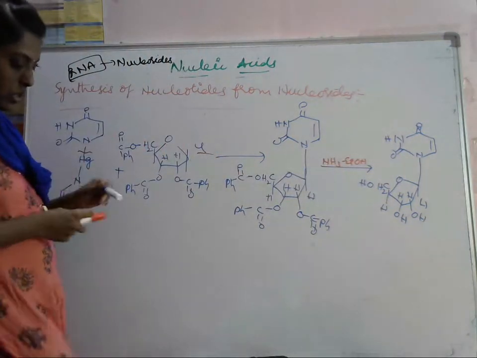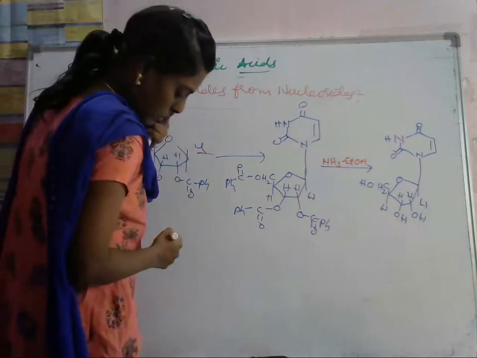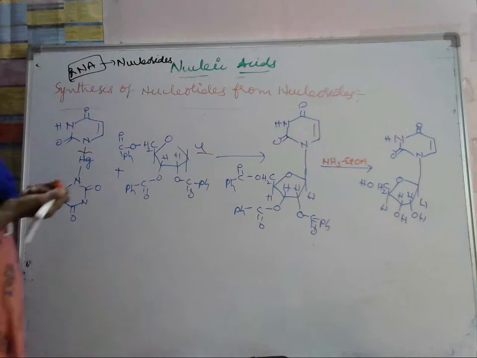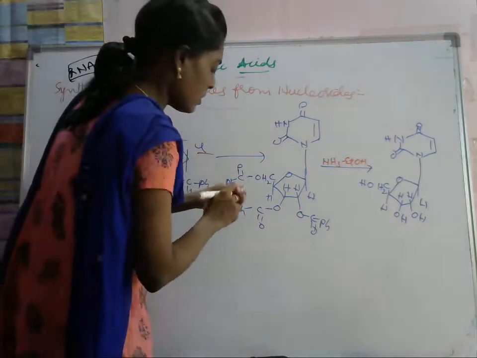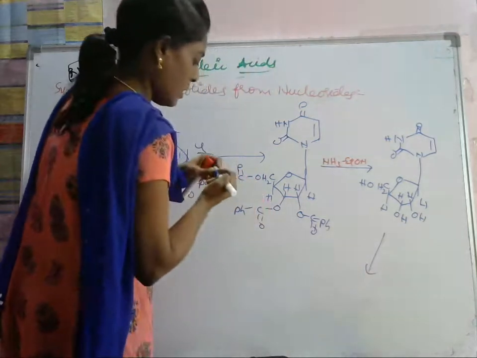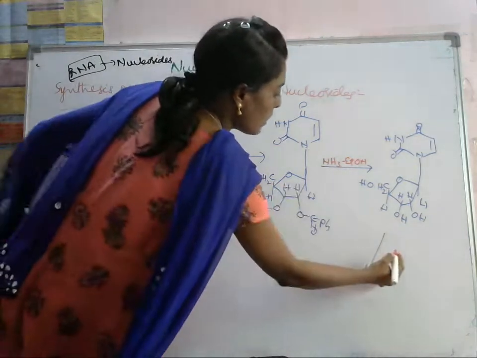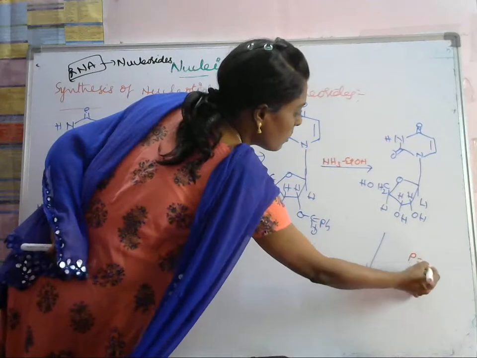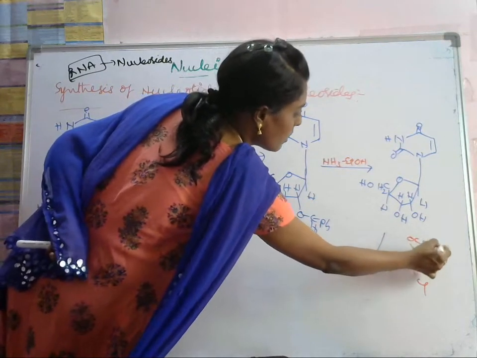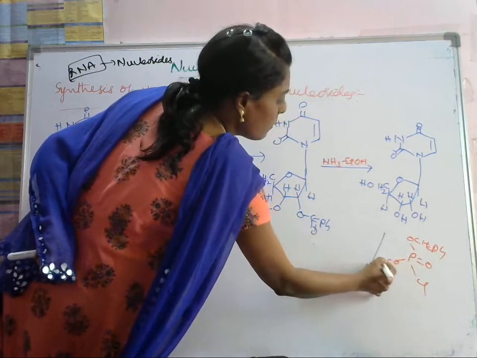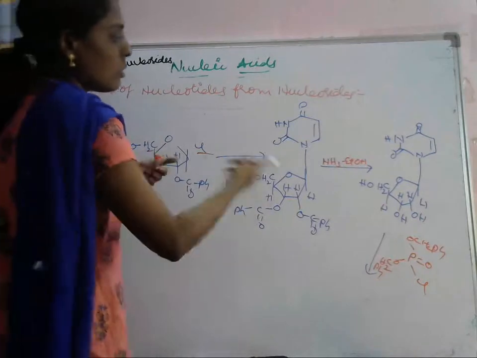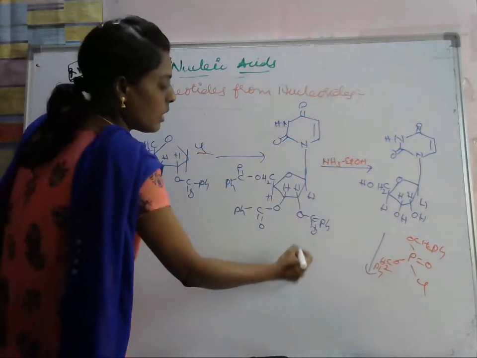Okay, so next, we have already protected this one. If it is treated with dibenzyl phosphate chloride, P double bond O, here Cl, OCH2Ph and OCH2Ph, what will happen? This OH will be converted into this group in the same way.